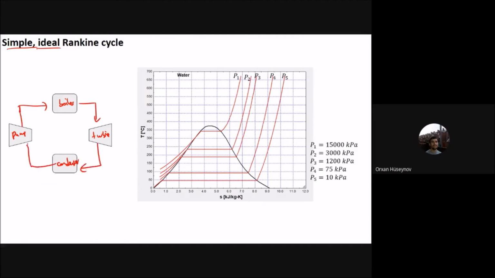And if you remember from the second law of thermodynamics, the second law says that if you have a heat engine, in this case the heat engine is the Rankine cycle. This Rankine cycle gives you electricity, which is net work out, and you are providing some heat from the boiler.